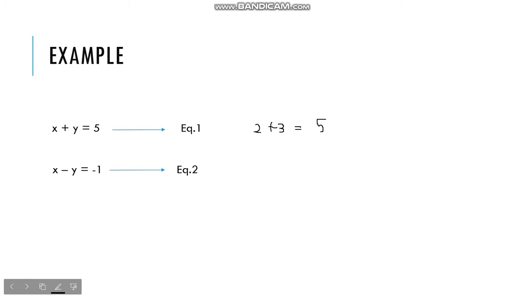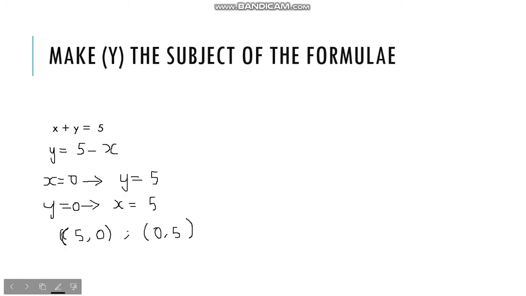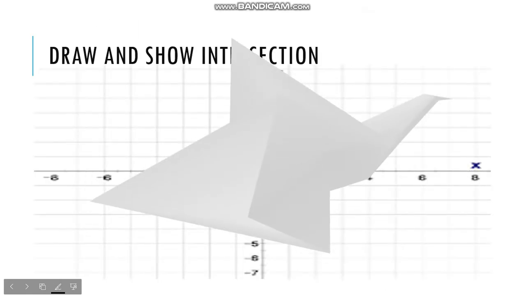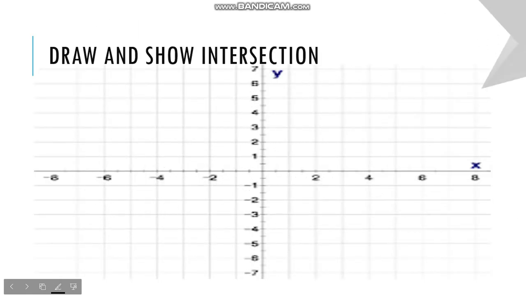While here, x is 2, so 2 minus 3 is equal to minus 1. And so we're able to verify that the answers 2 and 3 are indeed the exact solution for this simultaneous equations, and thus we did not make any mistake at all, especially in our graphs.